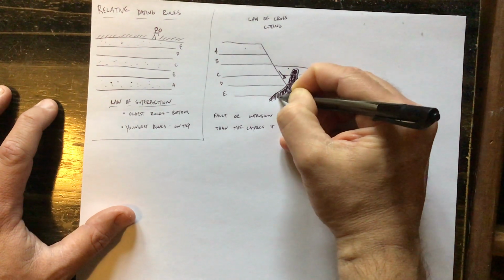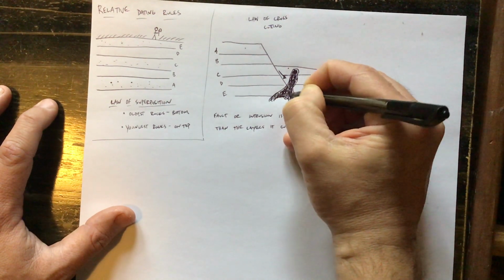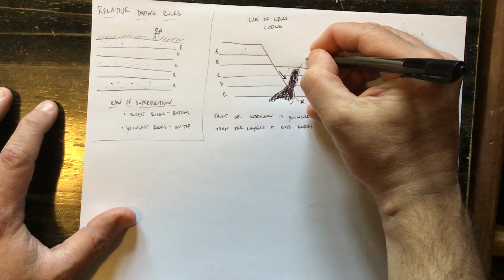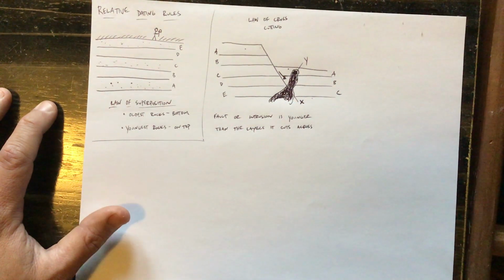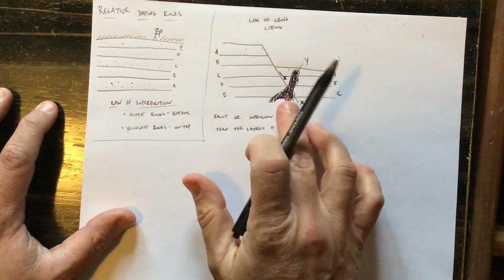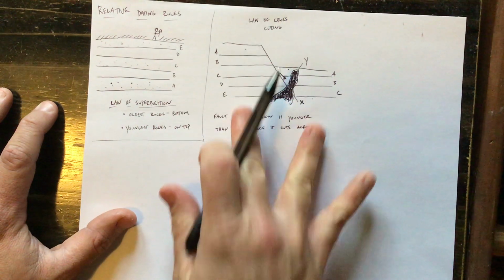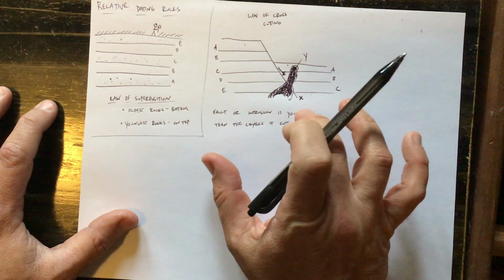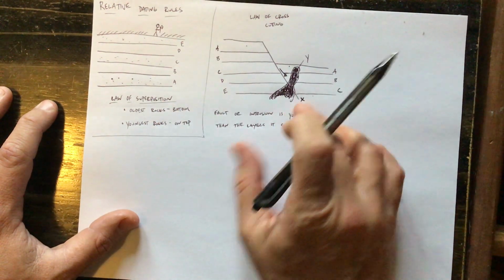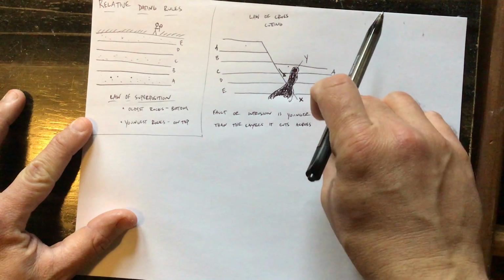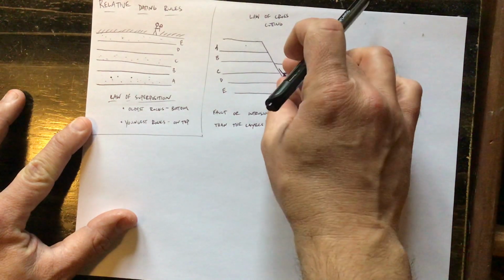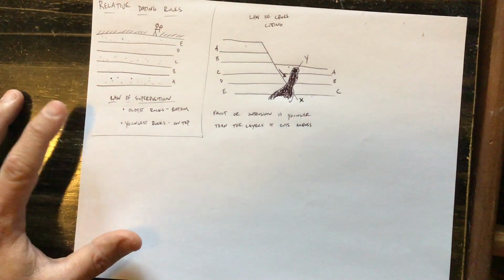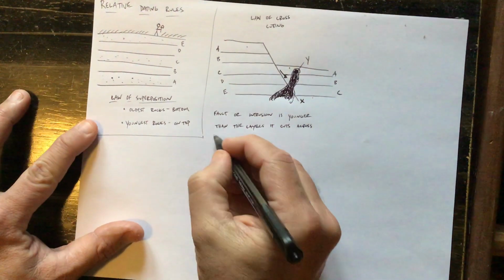And if that layer is also cutting across the fault, we'll call that layer Y, the igneous intrusion. So Y would be younger than X and also younger than all the other layers that it's cutting across. If the fault came after the intrusion, then the intrusion would also be broken and not lined up with itself across the fault. So that's the law of cross-cutting.